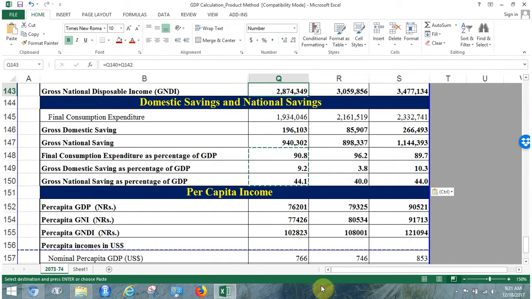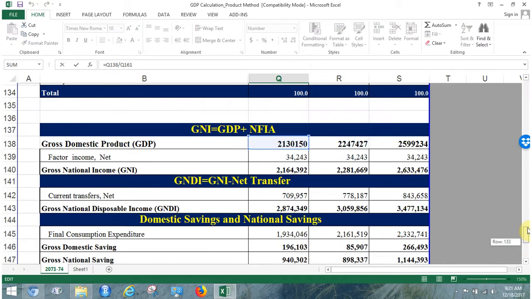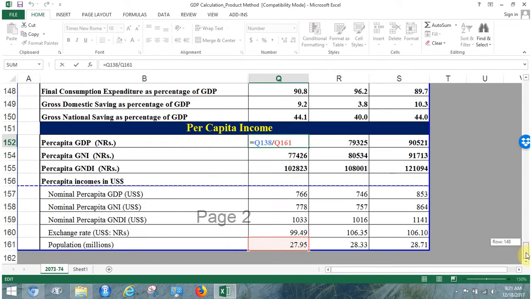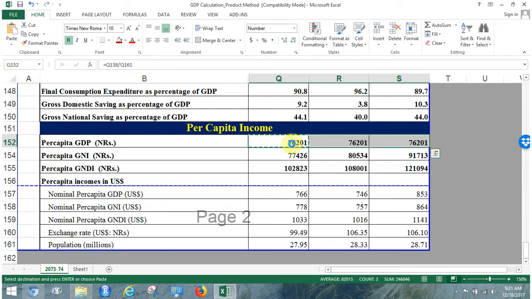So to calculate the per capita GDP, we divide the value of GDP by population. So this is the value of GDP and this is the value of population. On division we get 76,201 rupees. This value is not in million, so this is 76,201. So we can use this formula for all the years.